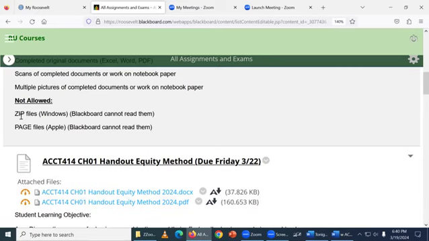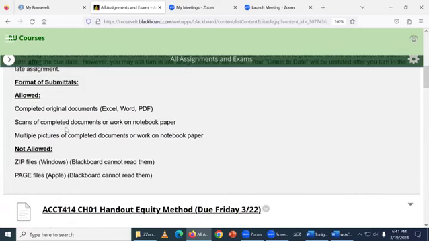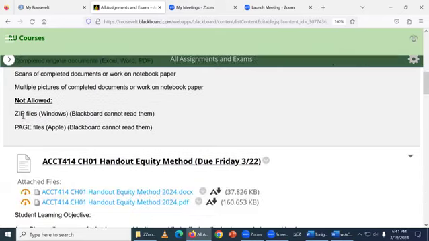Blackboard doesn't like them, and what it does is it shows the submission pending, and I can't stop it. You can also resubmit it after that. That one will just be sitting there, but for whatever reason it doesn't like zip files. It doesn't like pages files, and I wish it did, but it doesn't. So zip files and pages files are the only thing that you should avoid in submitting.